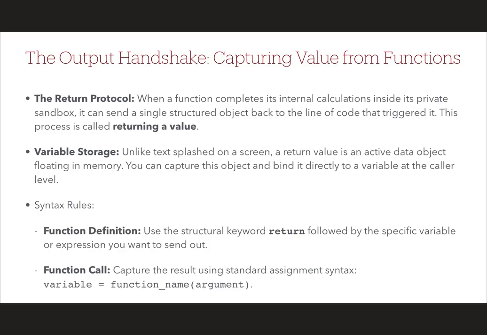Now, when a function completes its internal calculation and it can send certain result back to the code where this function is called, this process is called returning of value. And when certain value is returned, then you can assign certain variable name so that this value can be assigned to a certain variable.